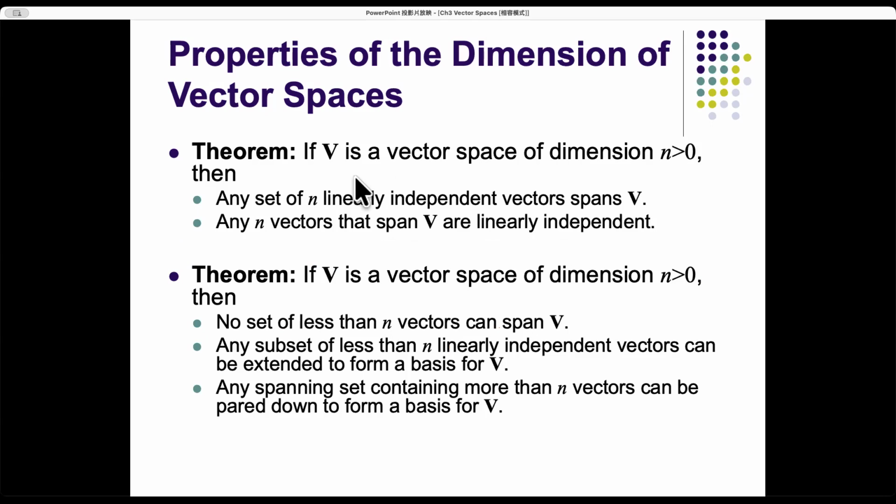So the next one: if V is a vector space of dimension n greater than 0, in other words, not the zero vector only, then any set of n linearly independent vectors spans V, or any n vectors that span V are linearly independent.